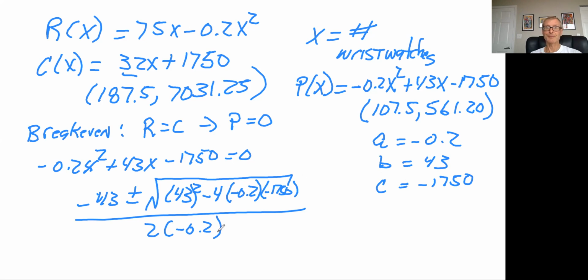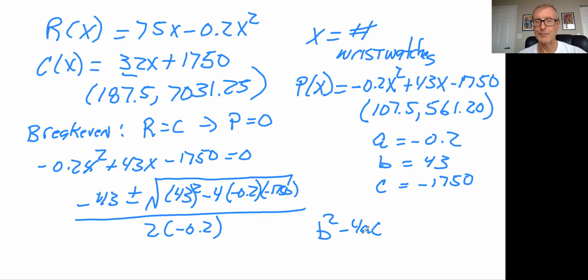So remember I said the most important thing to do is calculate the b squared minus 4ac. And if it's positive, then you know you're going to have 2 solutions. So 43 squared is 1849, and then 4 times 0.2 times 1750 is 1400.